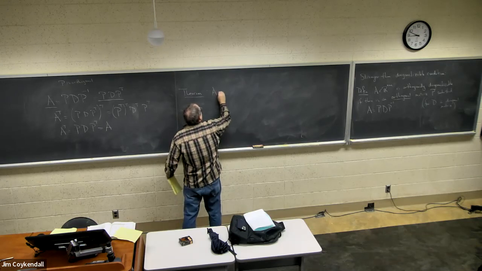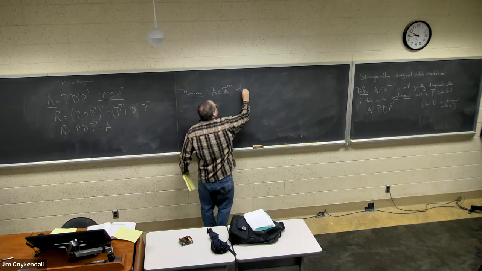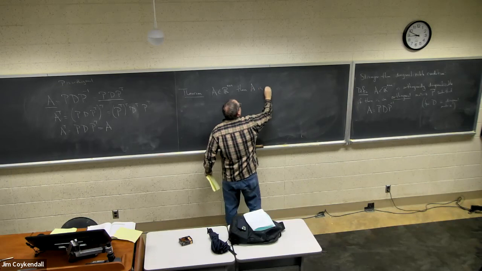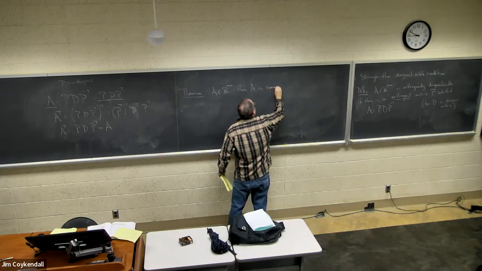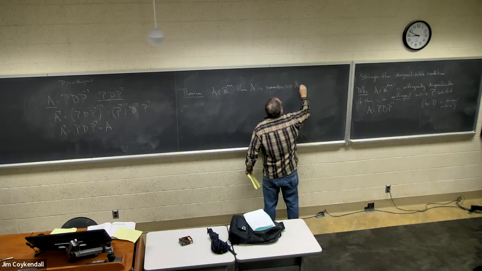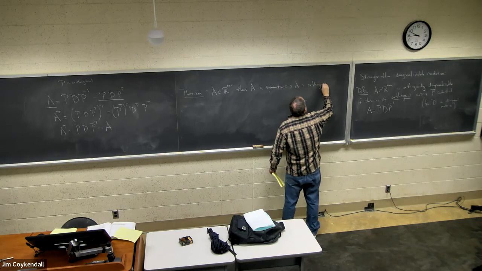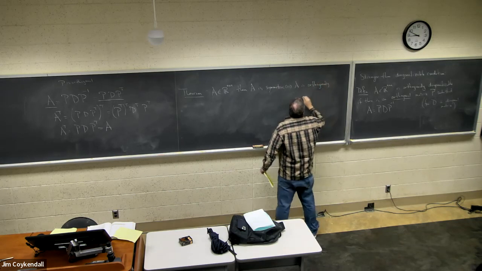If you have an n by n matrix A, then A is symmetric if and only if A is orthogonally diagonalizable.